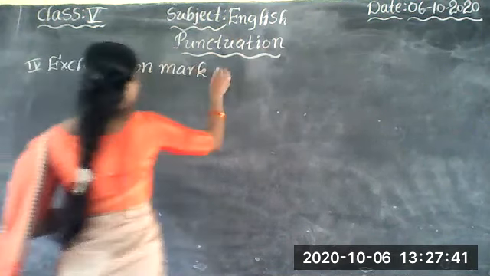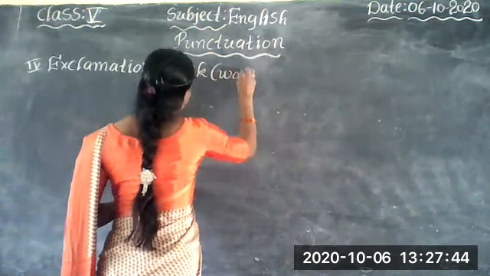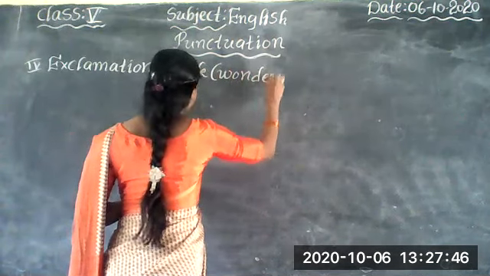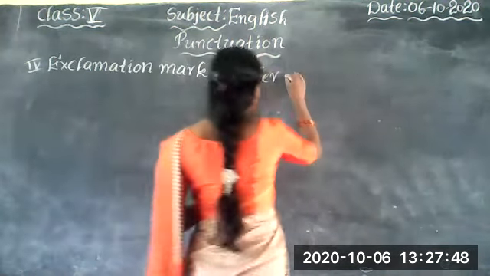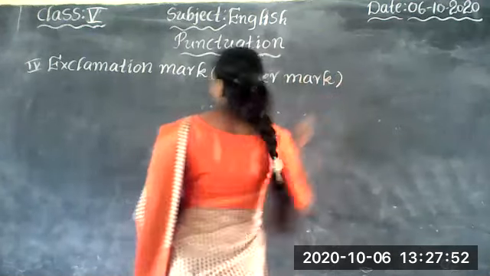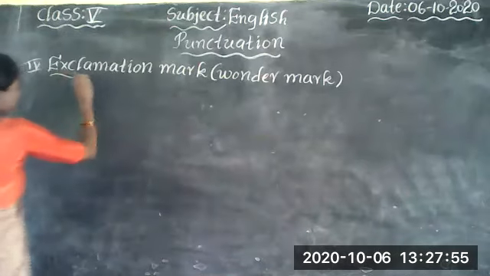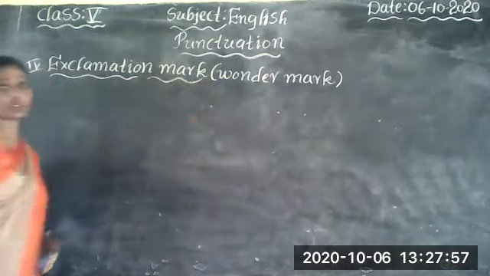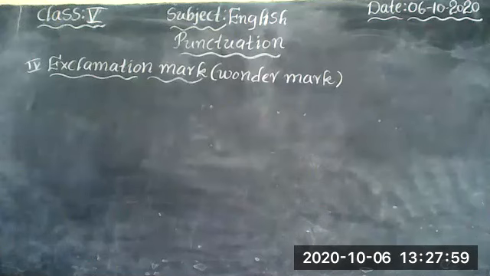We can also say wonder mark. Wonder means a sudden expression, a sudden feeling of joy, sorrow, anger. These are called exclamation marks. At the end of the sentences, we use exclamation marks.